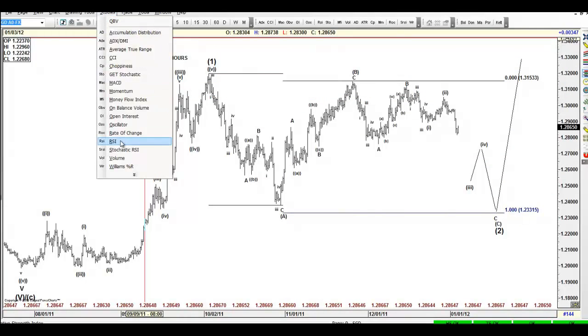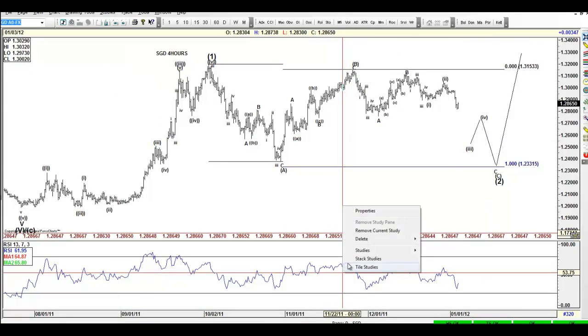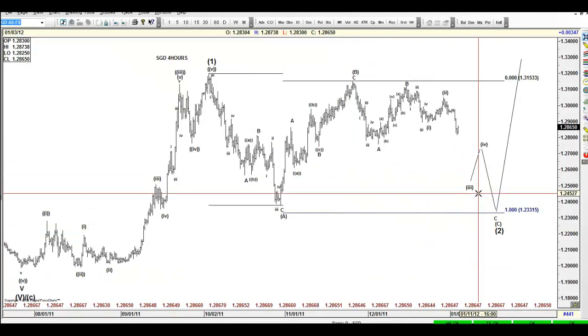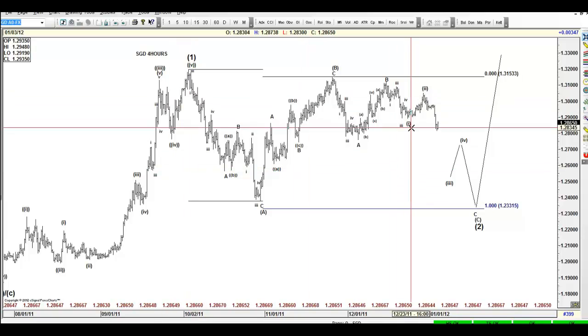If you take a look at the RSI, making the case that it needs downside, and consequently, the US dollar wins next. So keep that in mind.